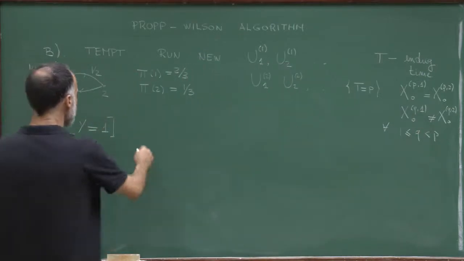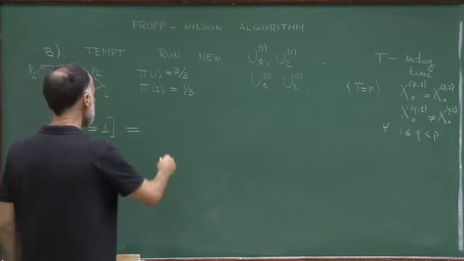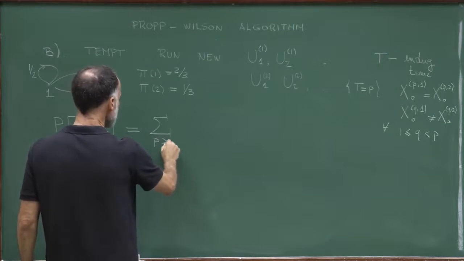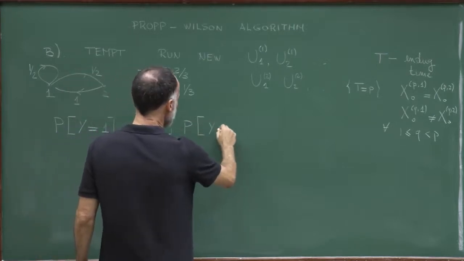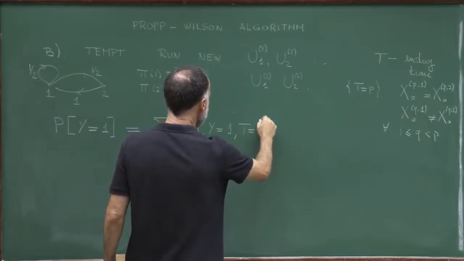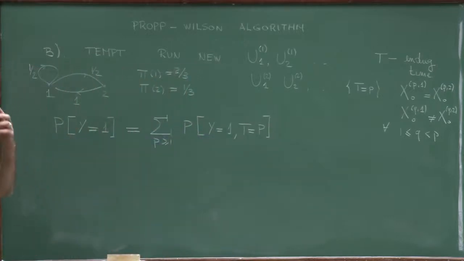And well, I will write this probability according to the possible values of t. So this is equal to the sum over p larger than 1 of the probability that y is equal to 1, t equal to p.